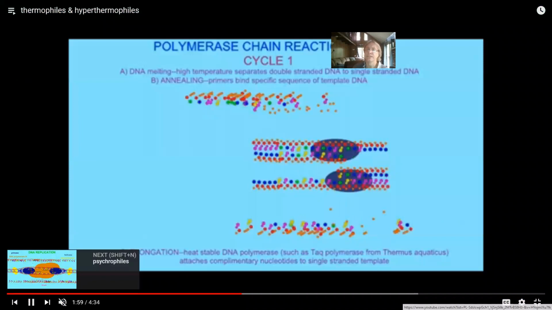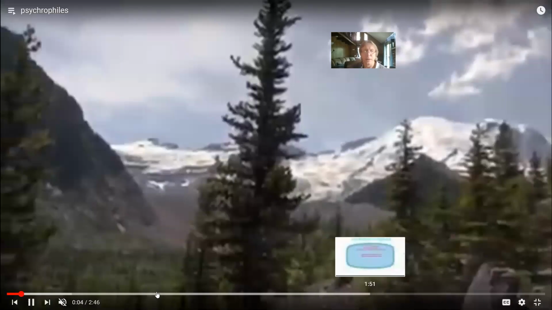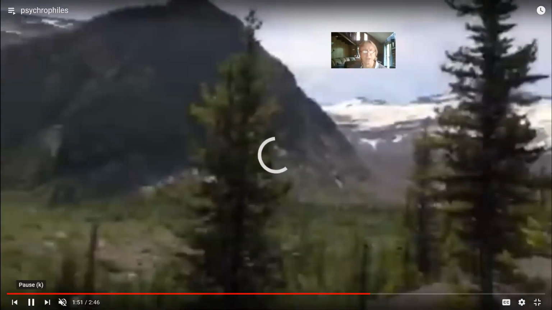Now, some bacteria can tolerate cold temperatures, and then some are psychrophiles, which actually prefer cold temperatures, at or below freezing. And so you can find them in glaciers, you can find them at the bottom of the oceans. And if you were to ask, then what does one do?